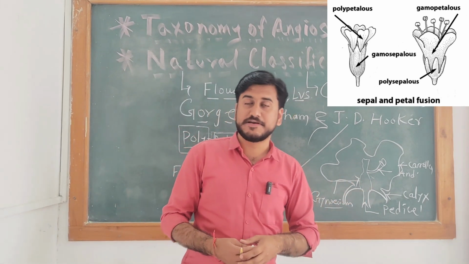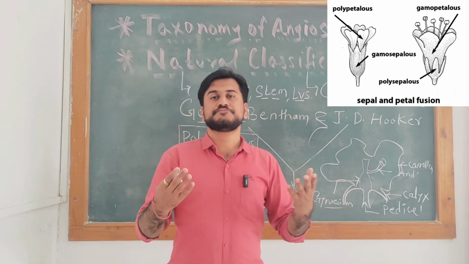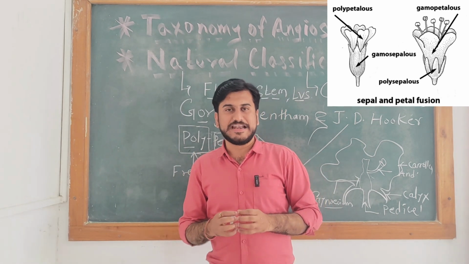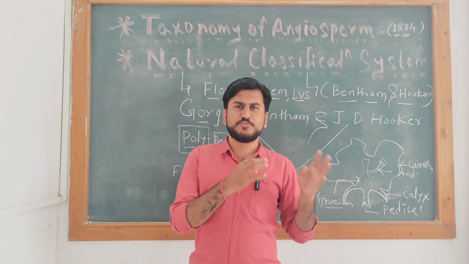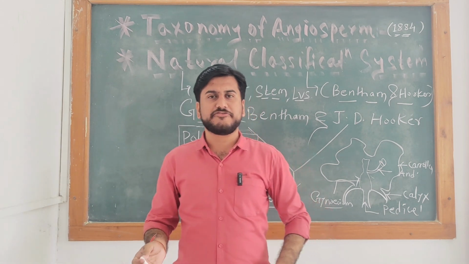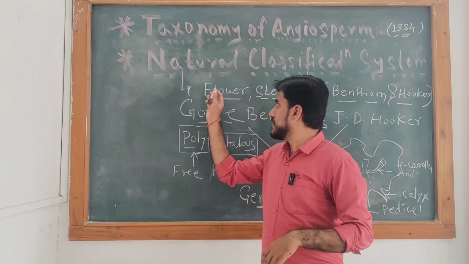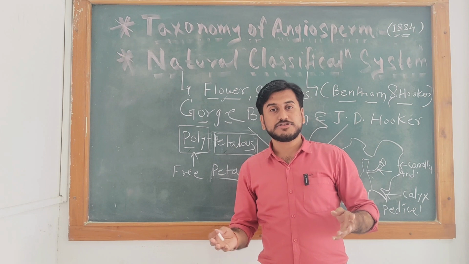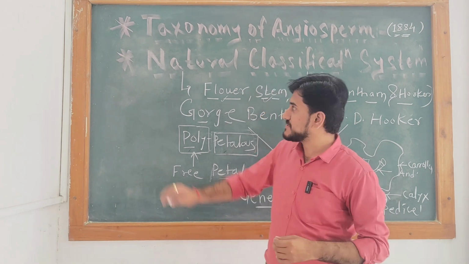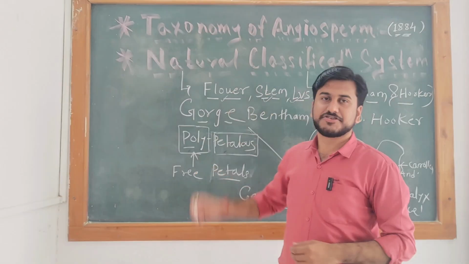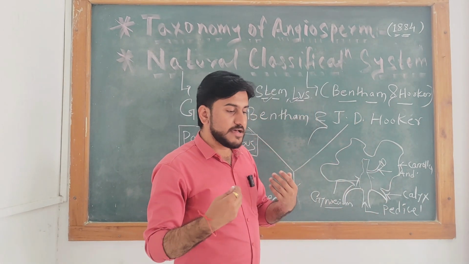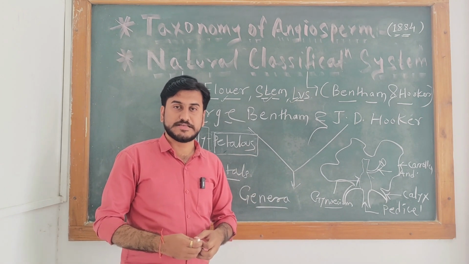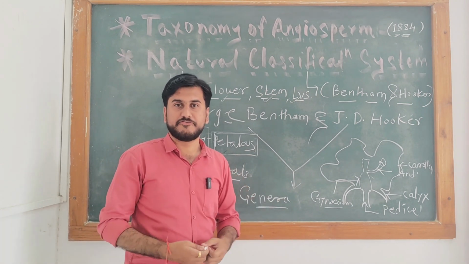According to these scientists, Bentham and Hooker made a great contribution to plant classification and taxonomy. They studied in a simple way, means morphological as well as anatomical features, the flower, leaves and stem of the plant body. So that's why this classification system is known as a natural classification system. The another part of today's point, the Bentham and Hooker classification system, we will discuss in our next video.